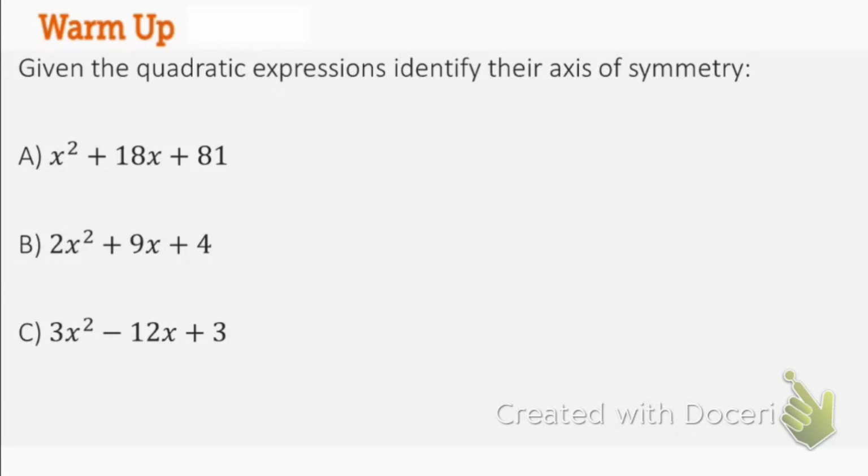What is the formula for the axis of symmetry? Mx plus b. B divided by 2 times A. There's only one tiny little thing missing. What's missing? Times 2?